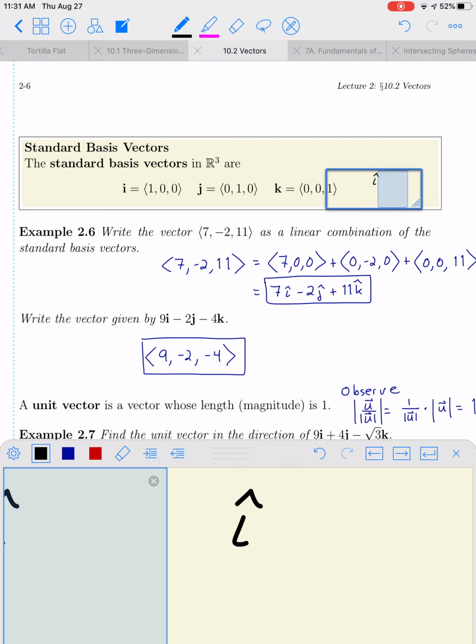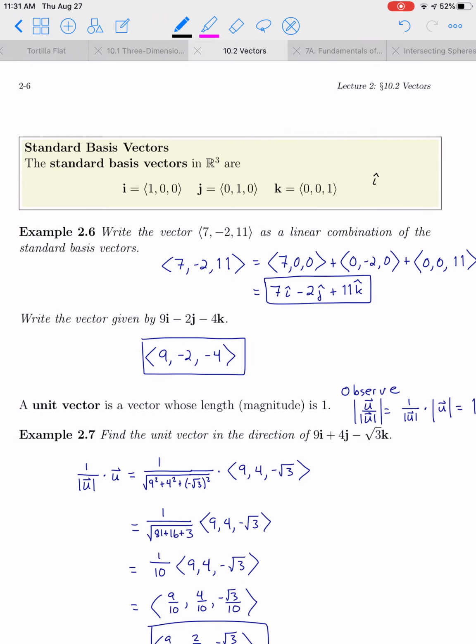We'll call it i hat. It's essentially the same thing as the bold i. It's just conventional to do that as well. So if we're asked to write a vector given in bracket notation as a linear combination of the standard basis vectors, what they really mean is just rewrite your vector so that it's a number times each one of these, which when added together gives you back your original vector.